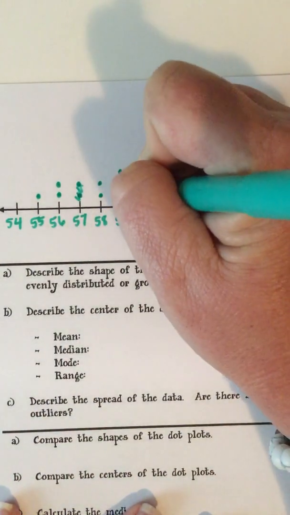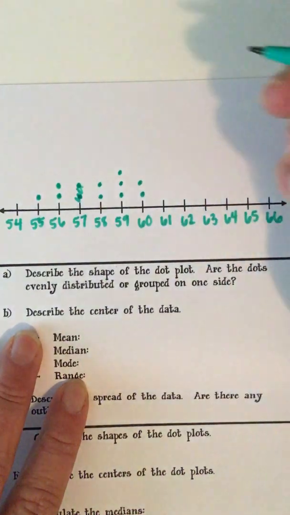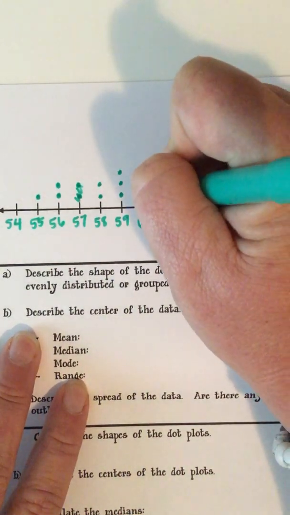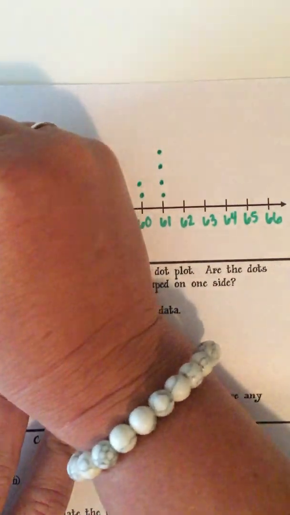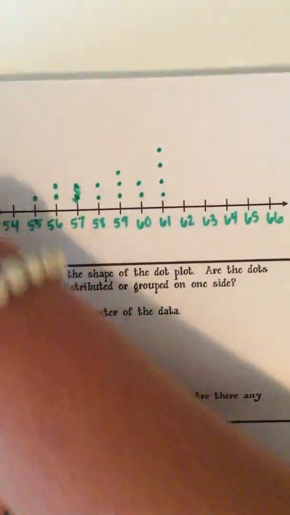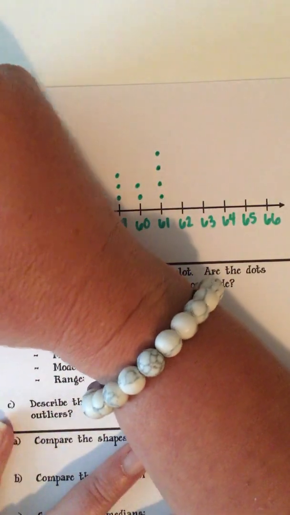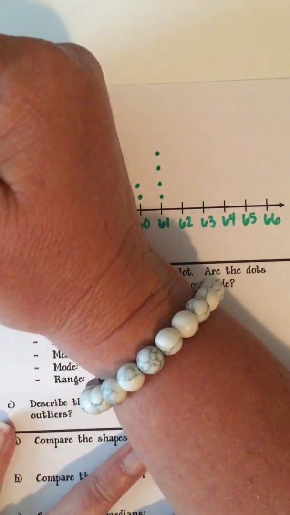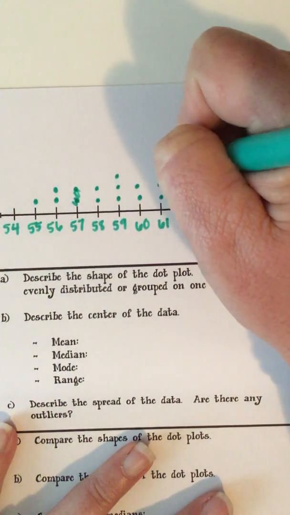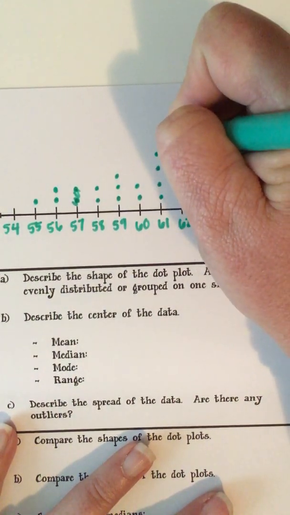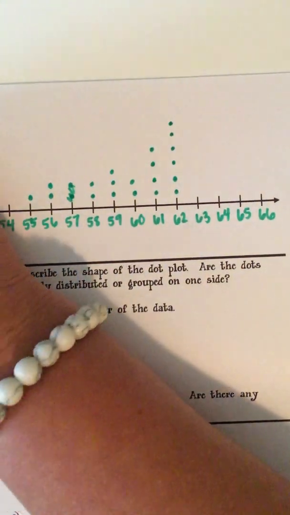For 60, we have 2. For 61, we have 4. For 62, we have 6. I'm going to do 6 dots: 1, 2, 3, 4, 5, 6. Cross all of those off.